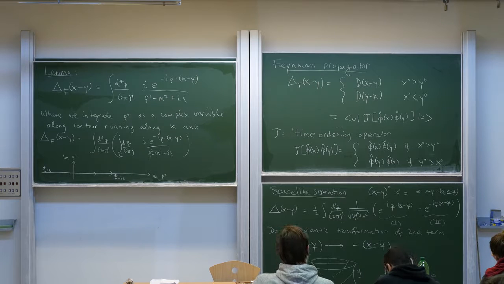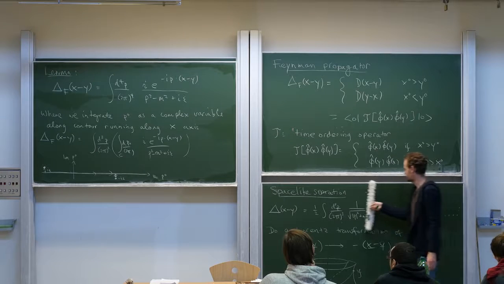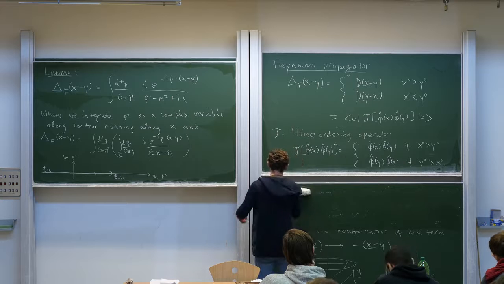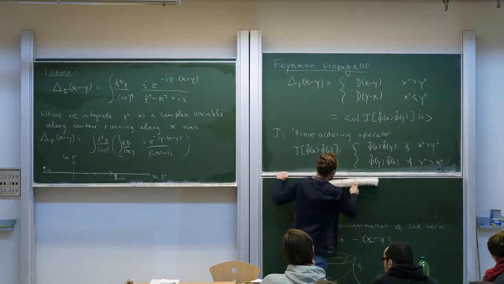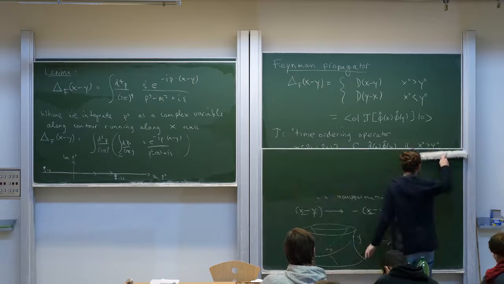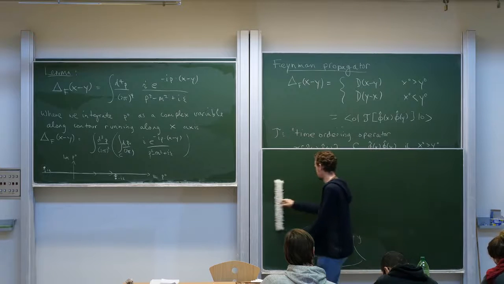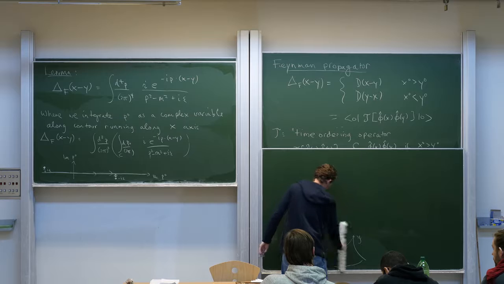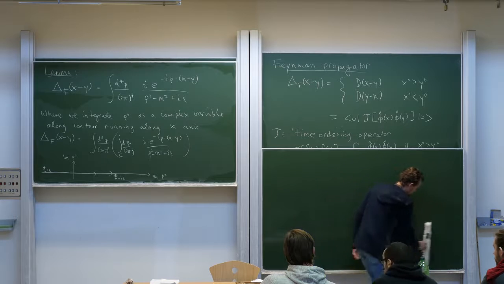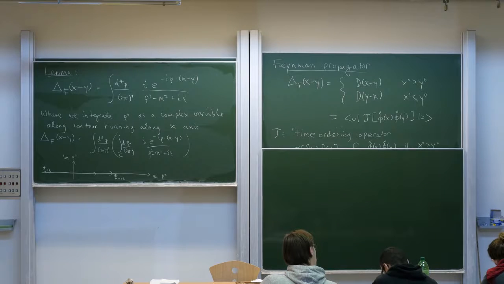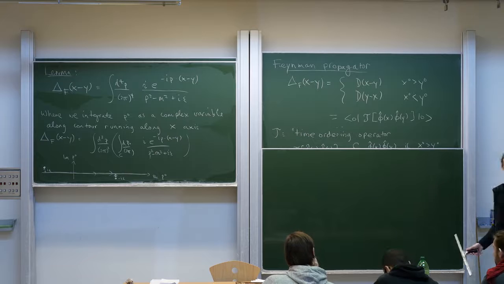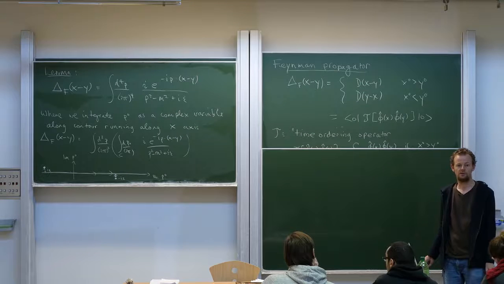And before I end today, we'll just make an observation about this Feynman propagator. And this observation is going to look rather mysterious, and it will remain mysterious in fact, until you learn about path integrals.